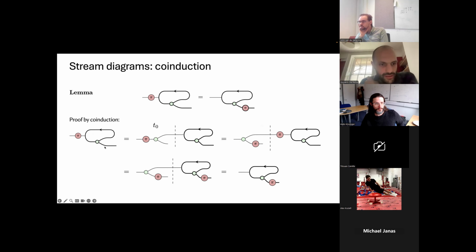So first you do pi on the atom, then you emit, and then you do this thing again, right? Then we can use some ZX rewrite to just push this pi through. And now we recognize that this is the same diagram as the thing we wanted to prove.